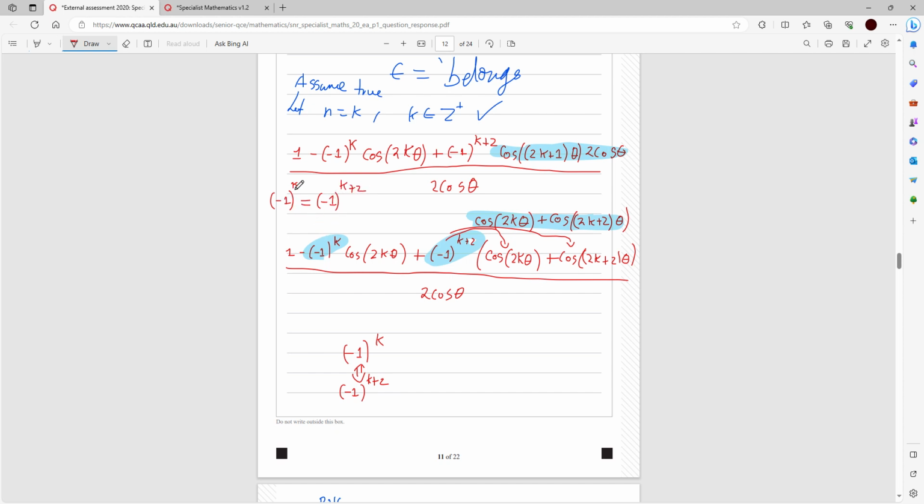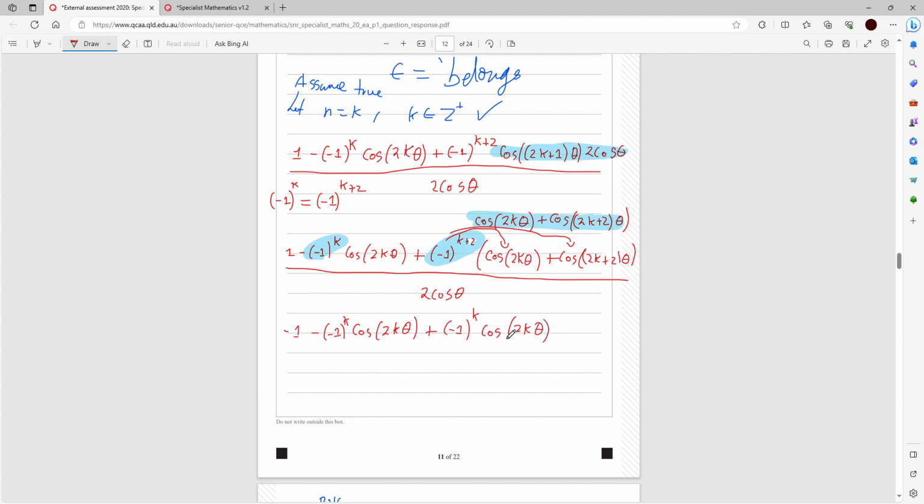That is equivalent, regardless of what k is, these will give the same answer, 1 or negative 1. So, distributing this bit here, what we get is pretty much negative 1 minus negative 1 to the k, cos of 2k theta, plus negative 1 to the k, cos of 2k theta.